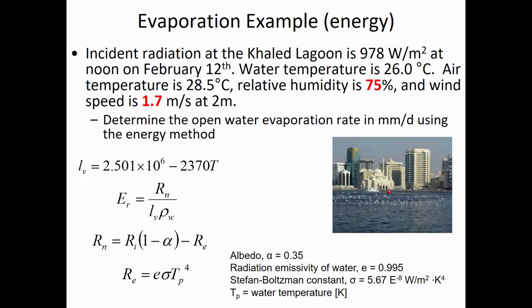L sub V is 2.501 times 10 to the 6th minus 2370 times the temperature. In our case, we put in the air temperature of 28.5 degrees Celsius. And that gives us a latent heat of vaporization of 2,433,455. The units there are joules per kilogram, which is the same as watt seconds per kilogram.